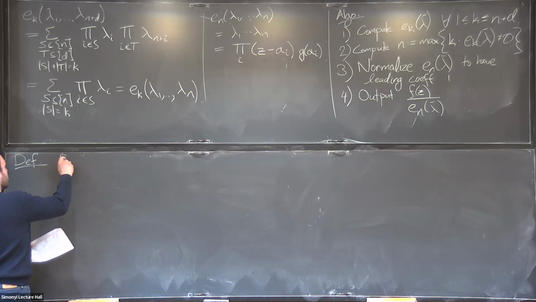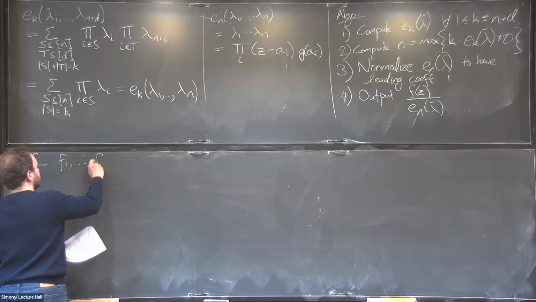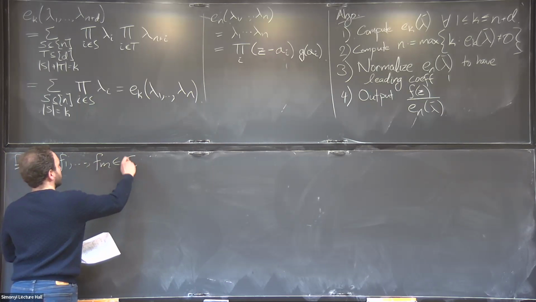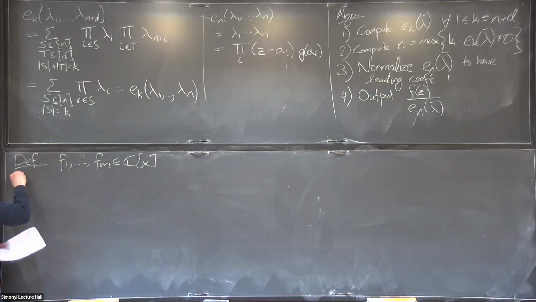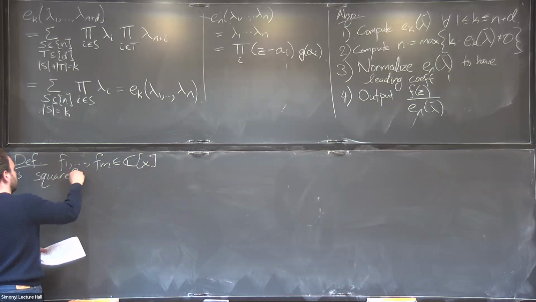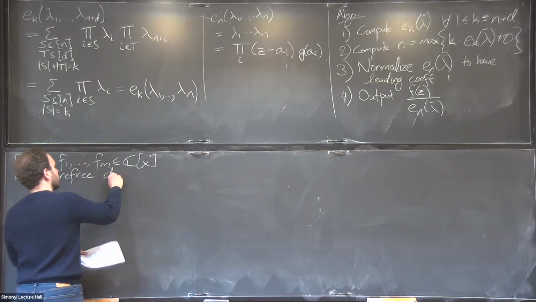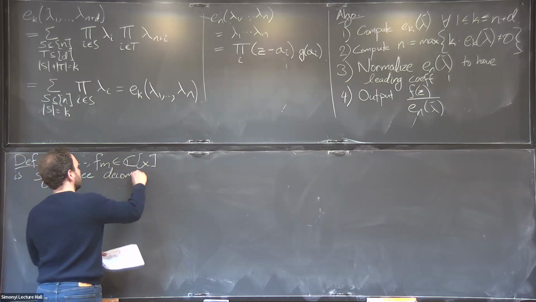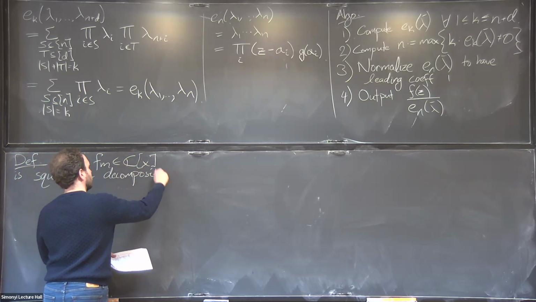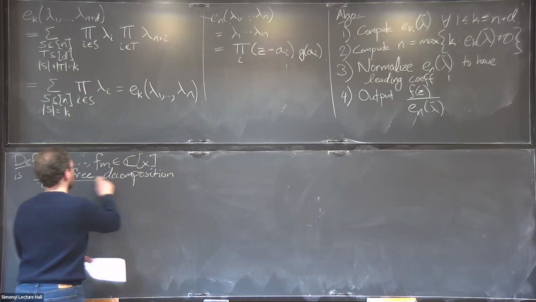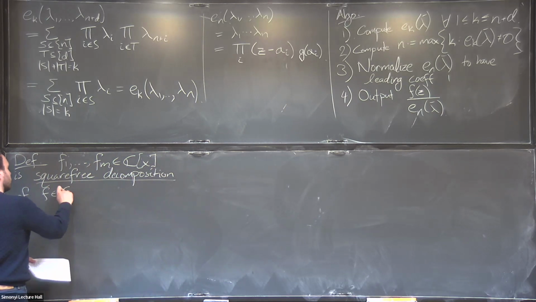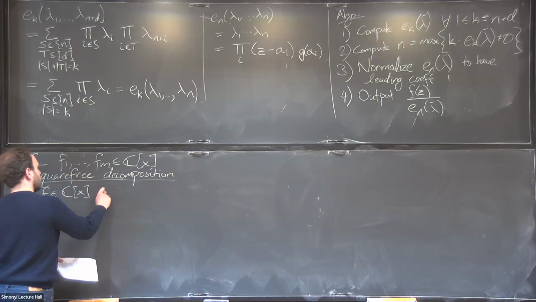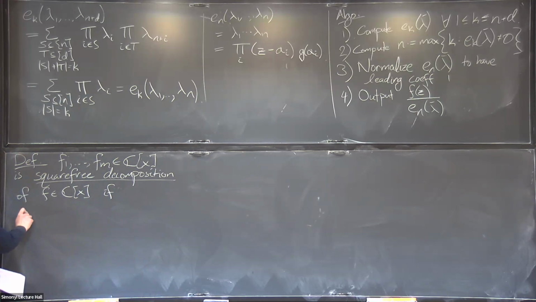So this is some sequence of polynomials. Let's say that this is the square-free decomposition of f if three conditions hold.